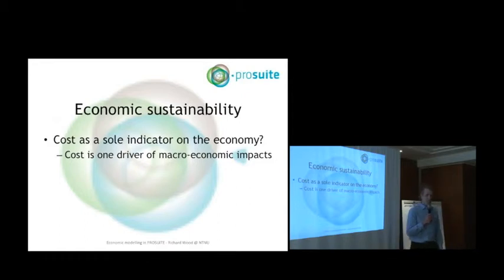So our starting point, which is written in the description of work, was: is this all that we want to consider, or should we think of cost as one of the drivers of broader macroeconomic impacts? In this project there was a section that developed a very interesting costing tool, but we focus on the uptake of that in the broader economy. Next slide.